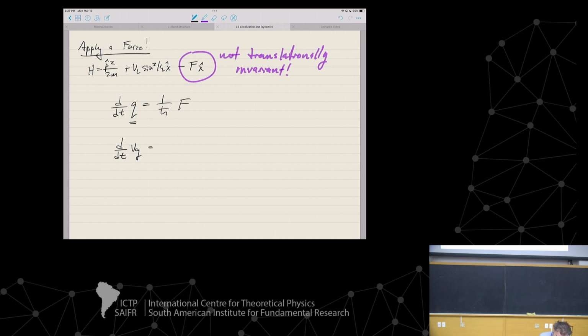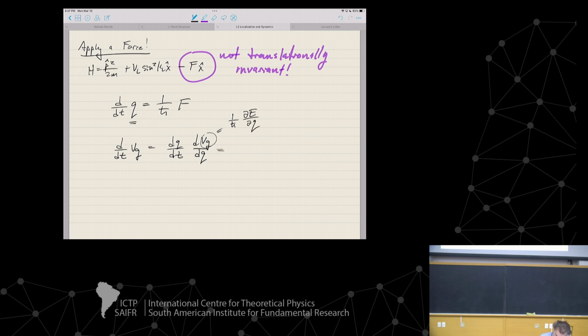So instead, we take the time derivative of q, which we know, but then use the chain rule to take the q derivative of the group velocity. But this, I just told you, is equal to 1 over h bar times the derivative of the energy with respect to q in the first place.